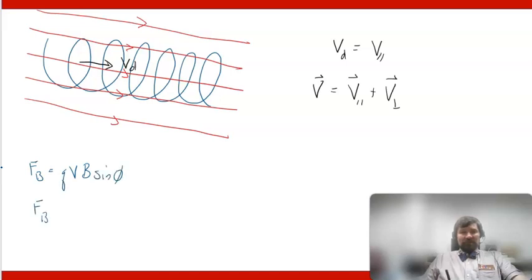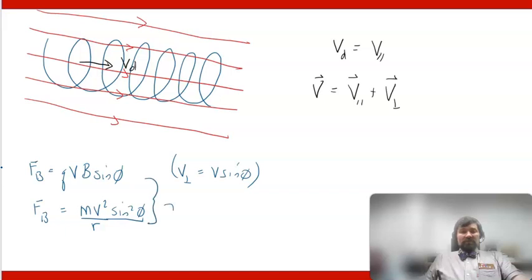And on the other hand, F_B is mv squared over r, or v sine squared phi specifically, over r, because v perpendicular is v sine phi. Put these two equations together, and what you end up getting is qvB sine phi is equal to mv squared sine squared phi over r.